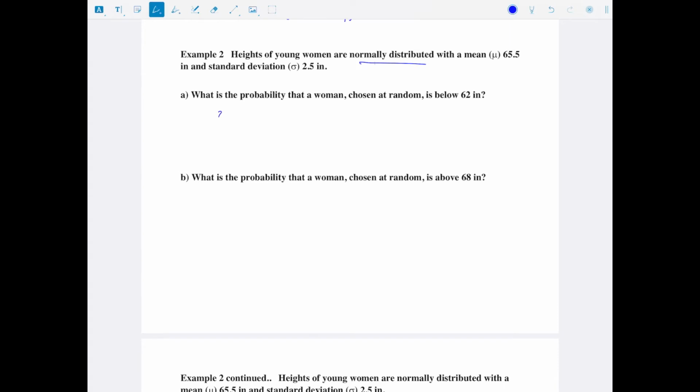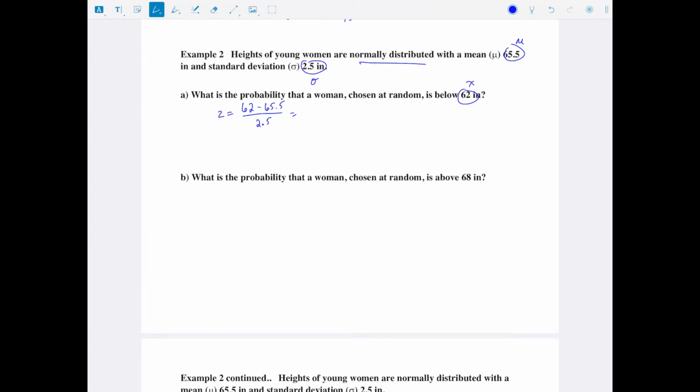Okay, below 62 inches. Step number 1, we're going to find the Z-score associated with this. So here's our X, our average, the mean, and our standard deviation. We do X, 62, minus the average, 65.5, over the standard deviation, which is 2.5. Notice that she is below the average height.